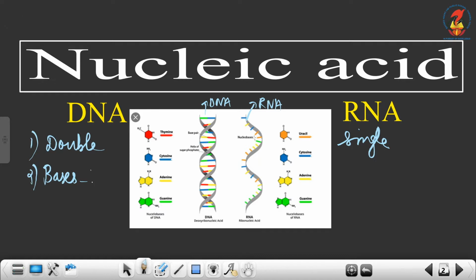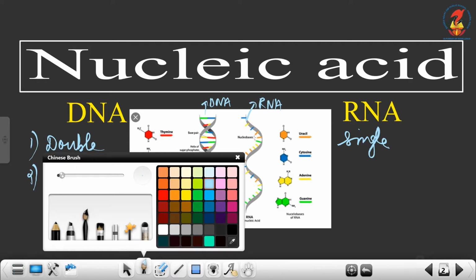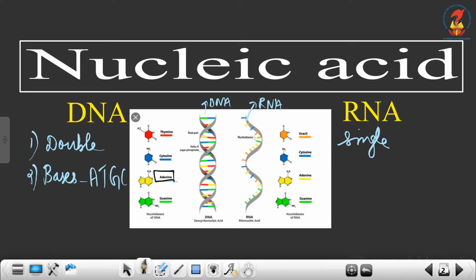In DNA, the nitrogenous bases are adenine, thymine, guanine and cytosine, whereas in RNA the bases are adenine, uracil, guanine and cytosine.